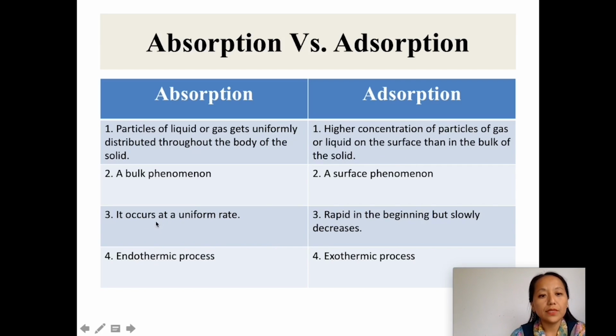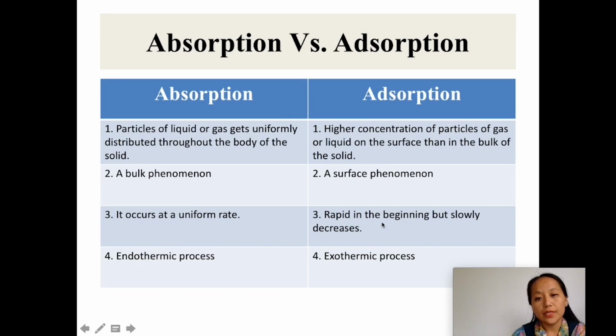The third difference is that absorption occurs at a uniform rate, whereas in the case of adsorption, it is rapid in the beginning and then slowly decreases. The reason is that as the adsorption progresses, the surface area available for adsorption decreases. Therefore, the rate of adsorption also decreases with the decrease in surface area.